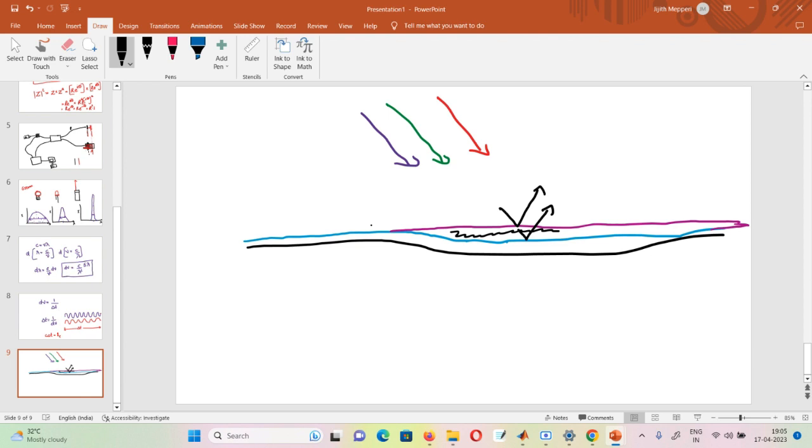So now we see that with respect to the top surface, there is an extra path length traveled by the light which is coming from your bottom layer. And if these lights satisfy the condition for constructive interference, what will happen? You will see a bright light corresponding to that particular wavelength.